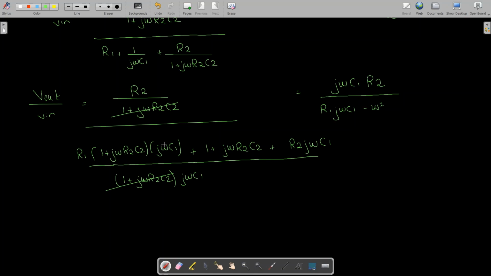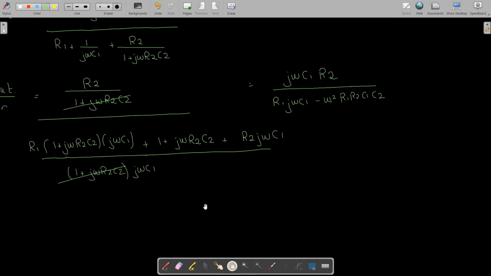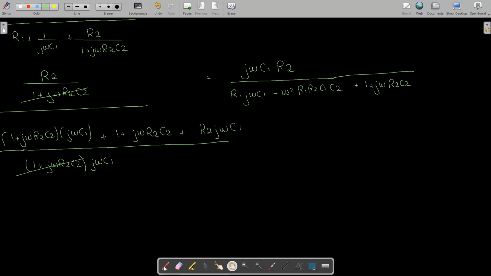Then we have the omega square, and then we have R1, R2, C1, C2, fine. And then we have this term, which is 1 plus j omega R2 C2. So let me write it over here. We have 1 plus j omega R2 C2, and then this term, which is, let me write it as j omega R2 C1, fine.